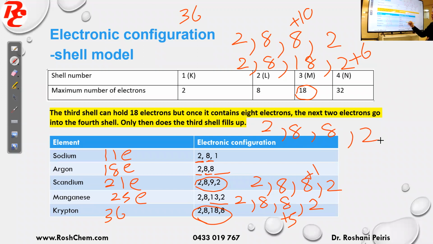Then I fill the third shell with 10 electrons, which makes the third shell 18. I still need 6 more electrons to make it 36, so those 6 electrons I add into the fourth energy level to make it 2, 8, 18, 8.